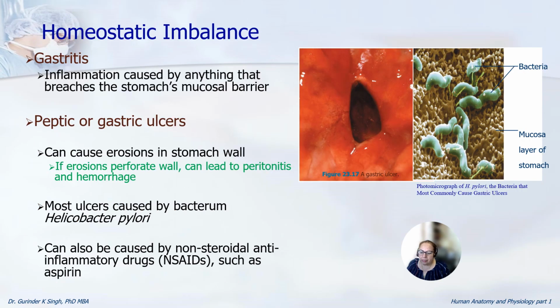Some of the homeostatic imbalances of the stomach: one is gastritis. Gastritis is when you have inflammation of the epithelium tissue inside your stomach. That can happen if something breaches the stomach's mucosal barriers. Then you may have peptic or gastric ulcers formed.